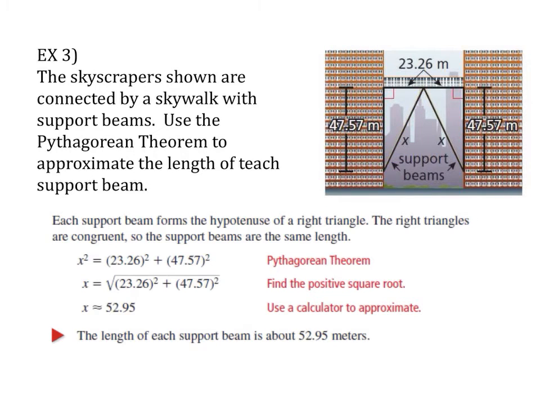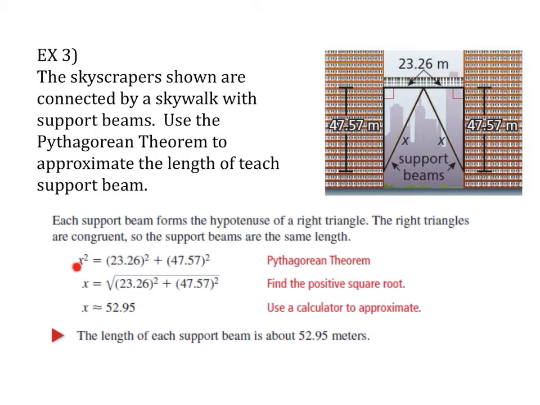So each support beam being the hypotenuse, you would plug in the values that are given. We know that one of the legs is 23.26 in length, and the other leg is 47.57 in length, as indicated by our two markings. So we substitute into a squared and b squared, and you will definitely need a calculator to square these values.